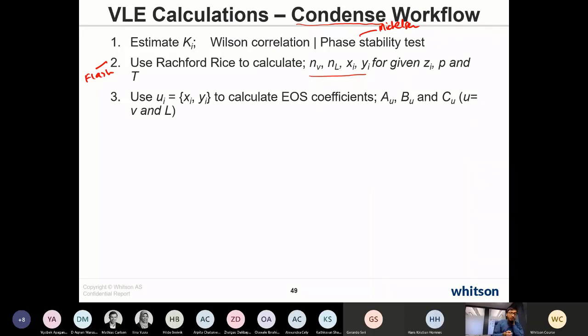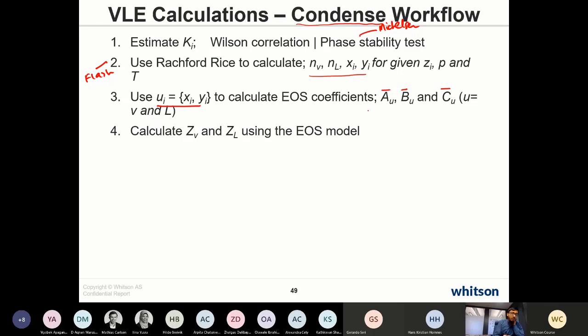So for a mixture, you need K values to do the vapor liquid equilibrium calculation. And then we use what we get from here, xi or yi, to calculate the EOS coefficients. So these are the average coefficients for the given composition, the average A, B, and C. And we calculate them for both vapor and liquid phases.